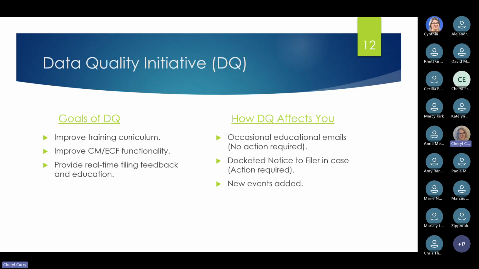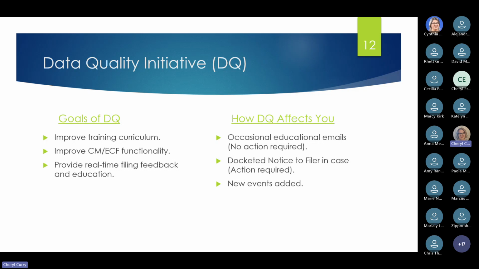And then lastly, we may add new filing events if we find that what we have in the system right now doesn't meet the needs for something that's getting filed often. And as one of the questions mentioned earlier about improved functionality, we do have a lot of messaging and reminders as you go through to file things. A lot of that is based off of this data quality work.